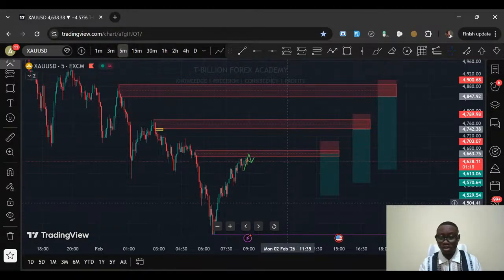Then using our entry models, be it confirmation or risk entry, we'll take the trade accordingly. You all know how we do this already. For extreme zones, you can use risk entry. For non-extreme zones, you can use confirmation entry. And I think you saw how I took a trade in our last session. You can see the factors I looked at, the things I looked out for before taking that trade, so you can also replicate the same. It's quite simple.